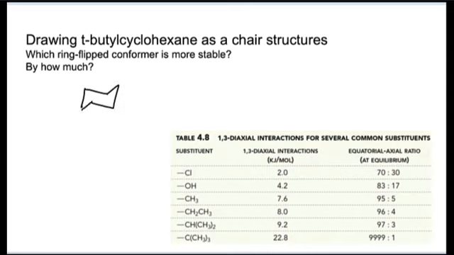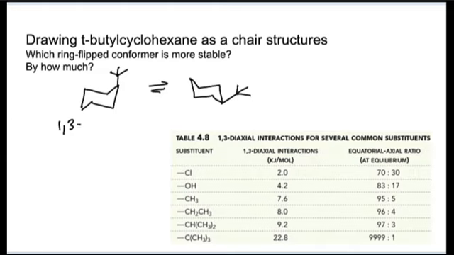And again, that means drawing the chair structure, and then we can go ahead and draw a tert-butyl in the axial position, and then ring flip the chair structure. And the tert-butyl that was upward and axial is now going to be upward and equatorial.